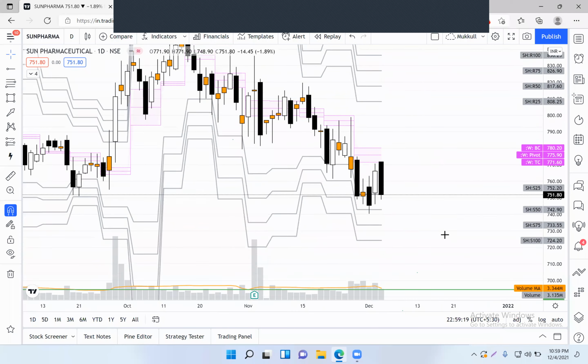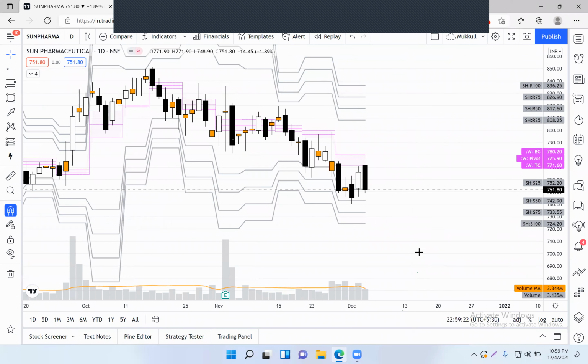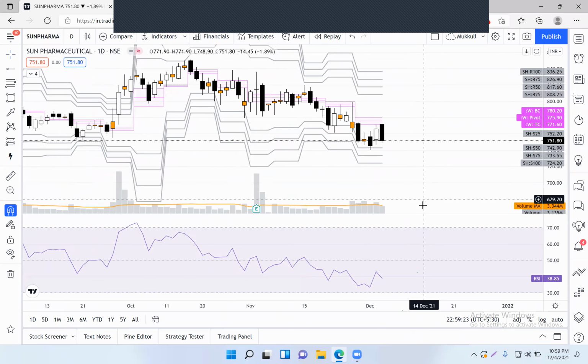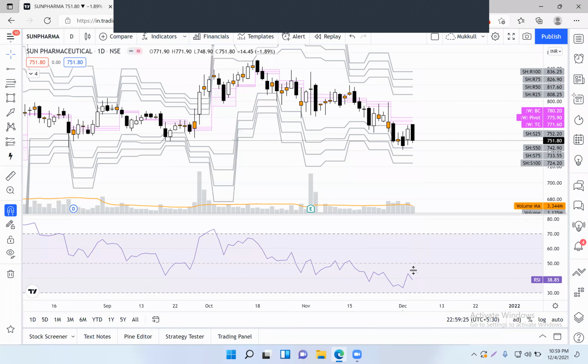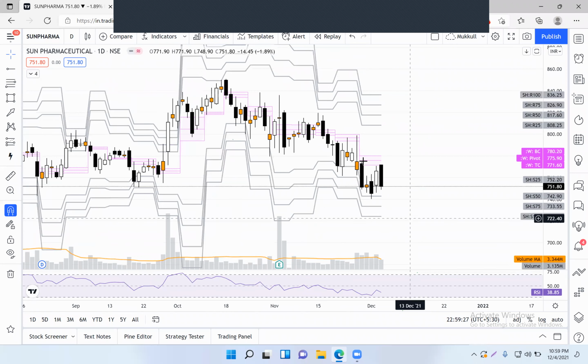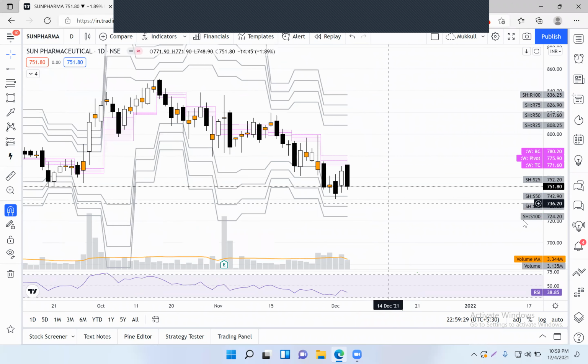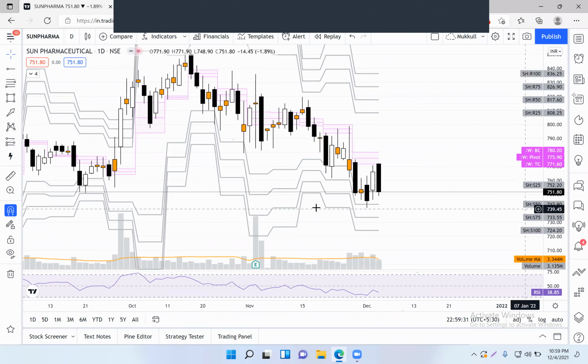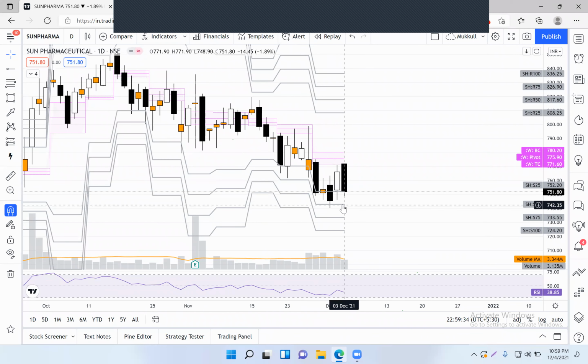Even Sun Pharma, you see. Okay, Sun Pharma has 3 descending CPRs, right? It already has. See, actually, we are seeing missed entries because this is a weekly CPR. So technically, it has started here, right?